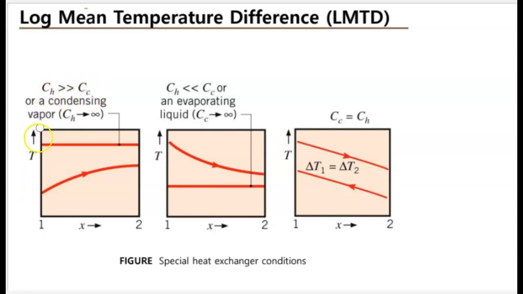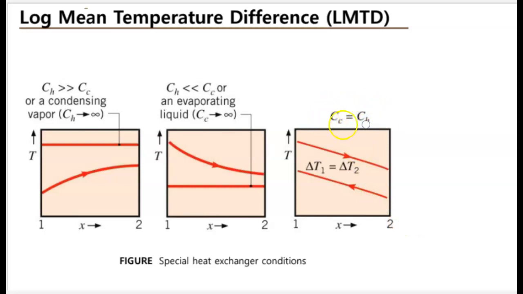This axis is the temperature, this axis is the length of the heat exchanger, the size of the heat exchanger tube. Now in evaporation, CH is always lower than the CC, where C can go all the way to infinity. Infinity line is always straight.